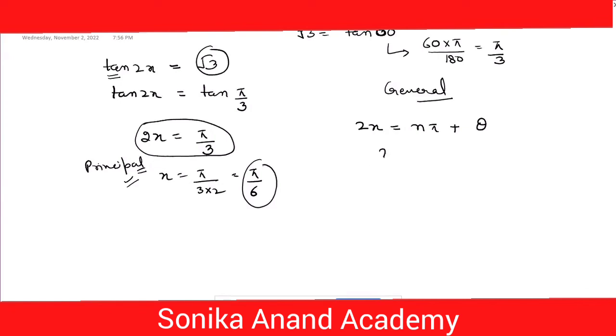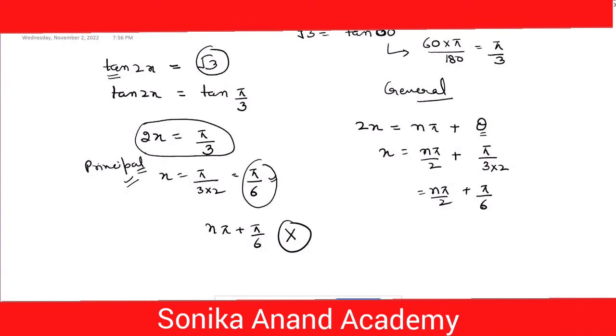So here it becomes n pi by 2 plus pi by 6. This theta is pi by 3, so pi by 3 into 2. So n pi by 2 plus pi by 6. Clear? Yes, ma'am. If you directly put n pi plus pi by 6, your answer will be wrong, because here we have 2x. So we equate all of them.